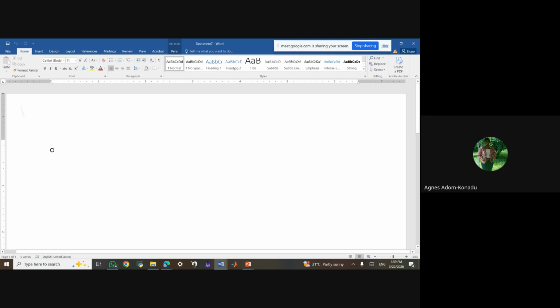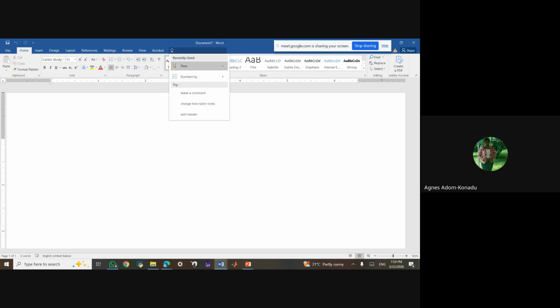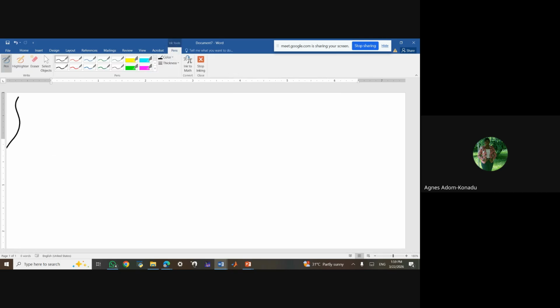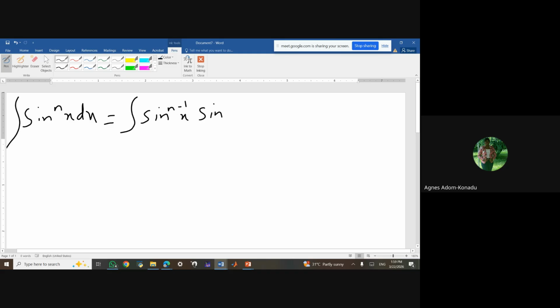I want to construct a reduction formula for the integral of sine to the power n x dx. So this can be written as sine to the power n minus 1 x times sine x dx.